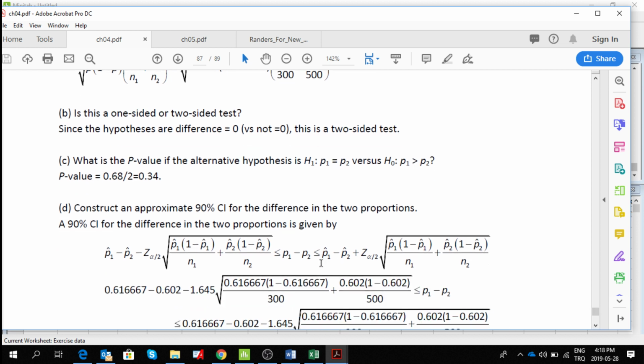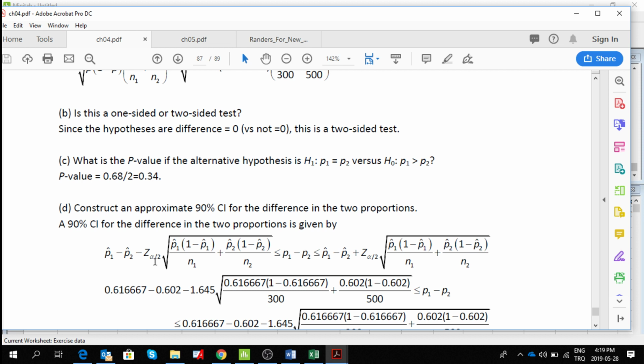It is very standard, so we have p1 minus p2 is less than or equal to the estimation plus the z alpha over 2, because it's two-sided, right? So we have the square root of, we have this sigma here. And sigma for two proportions is given as follows. And similarly sigma here. Okay, this one we can calculate because we know the values.